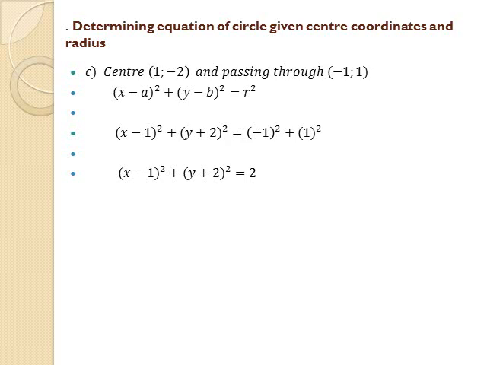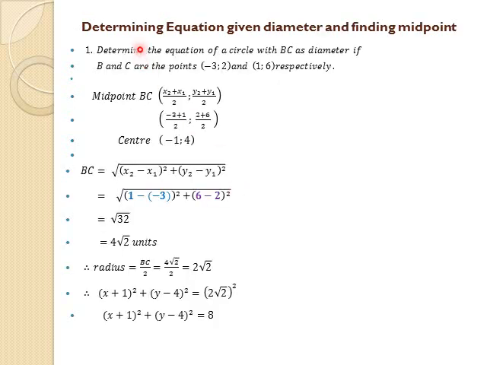Let's look at the next problem. Right, now we can also test you at a higher level: determine the equation, given a diameter and finding the midpoint. Determine the equation of a circle with BC as a diameter, if B and C are the points (-3, 2) and (1, 6) respectively. I assume by now you know the middle of a diameter is also the center of a circle. A diameter consists of 2 radii.